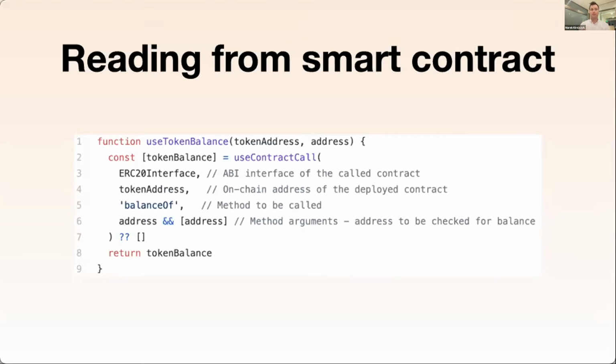Again, there are a few extra question marks, because the values might turn out to be null if you're not connected, or if the value is not yet retrieved. But other than that, it's just a single function call.